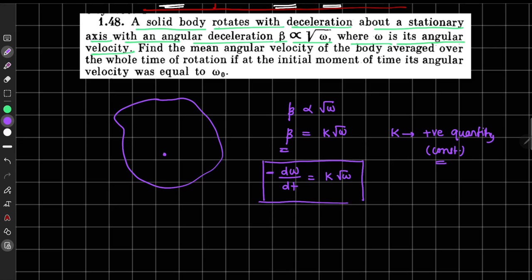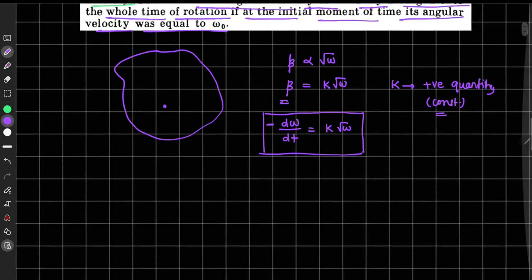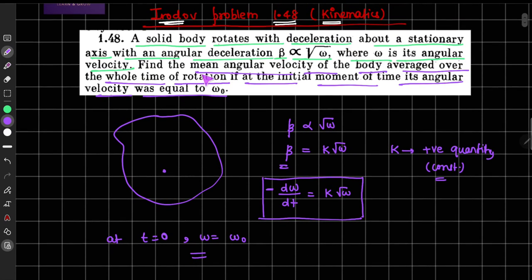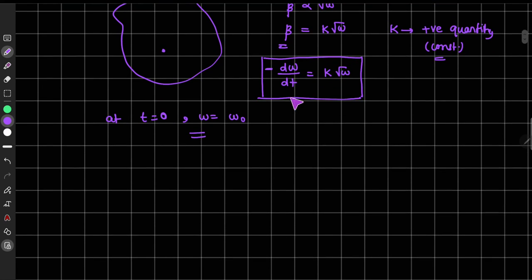Now the problem asks us to find the mean angular velocity of the body averaged over the whole time of rotation, if at the initial moment its angular velocity was equal to omega naught. So at t equals 0, omega is omega naught, and we need the mean angular velocity until the body stops.